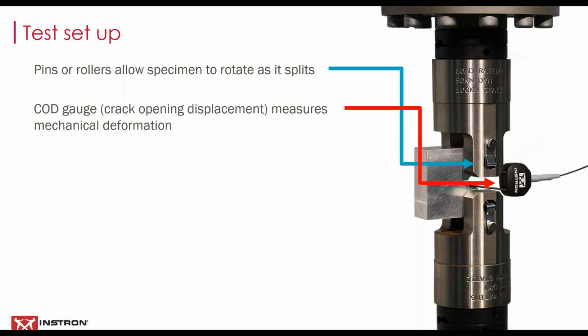You also need to measure what's happening locally with the specimen, rather than purely trust how the entire crosshead or actuator are moving apart. So you use what we tend to call a COD gauge, a crack opening displacement gauge. It's effectively an extensometer with a very specific purpose, and it measures the mechanical deformation at the front of the specimen.